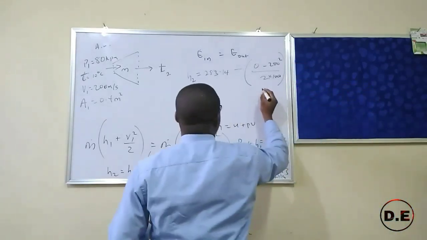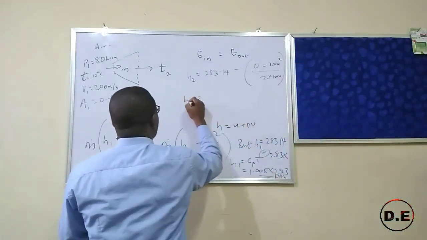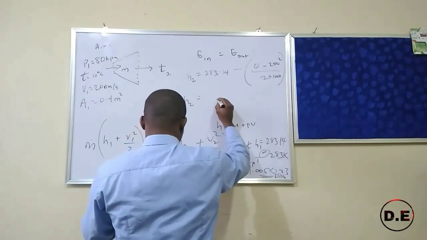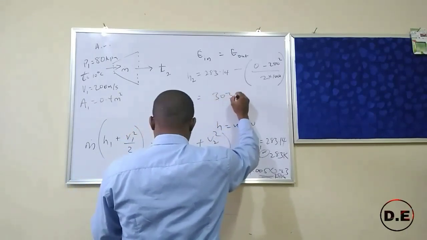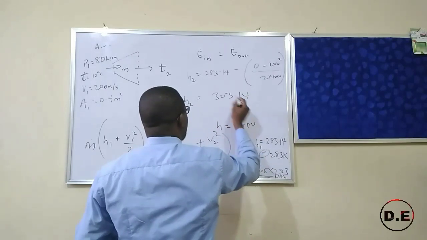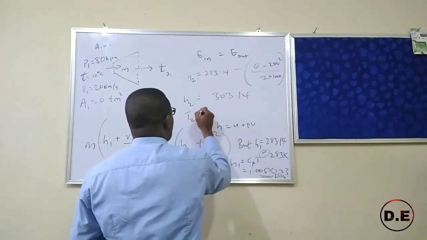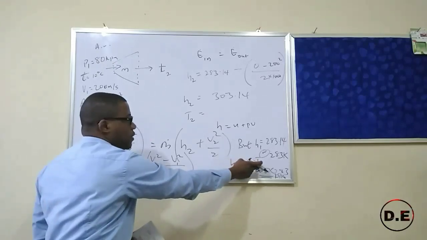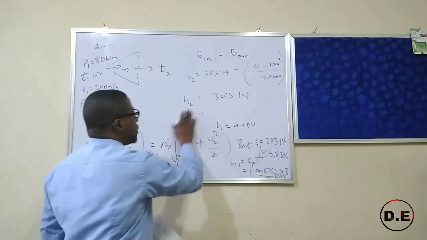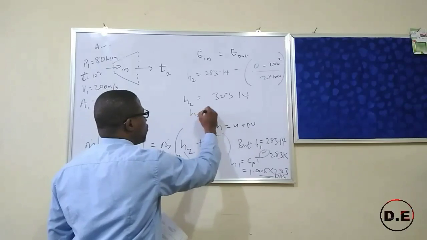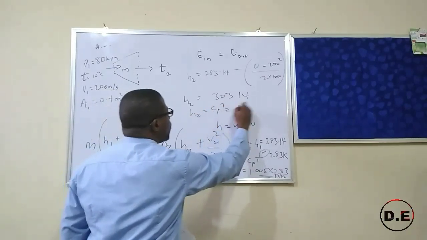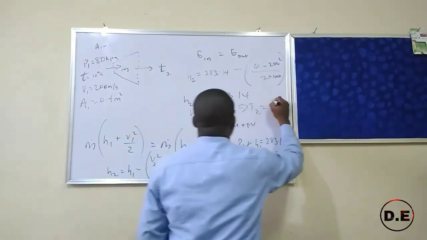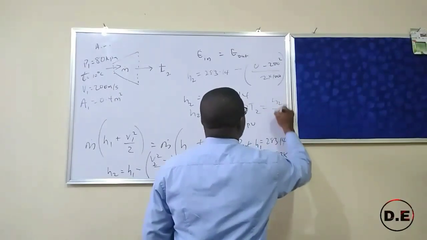Hence, we are going to then have that H2 is equal to 303.14. If this is H2, therefore T2, I'm going to make T the subject of the formula. Okay, let's take it step by step. H2 is equal to CPT2, which implies T2 is equal to H2 over CP.